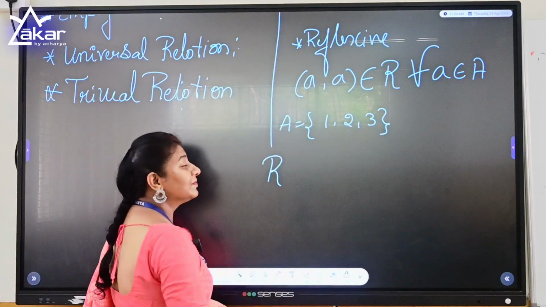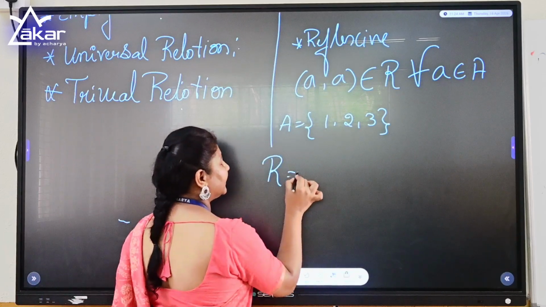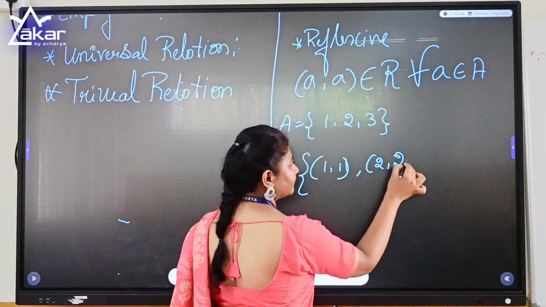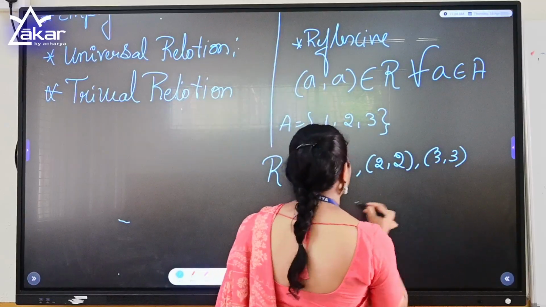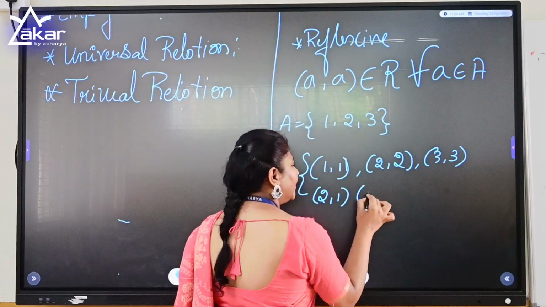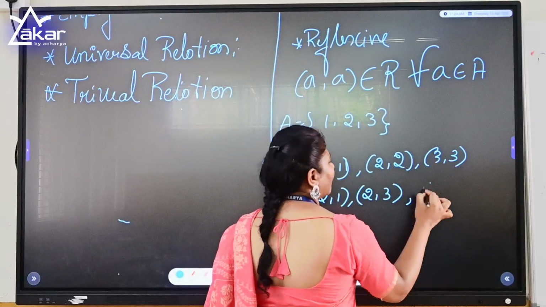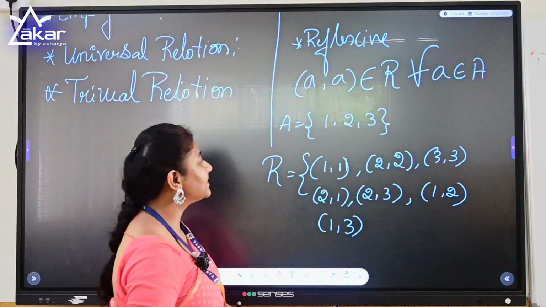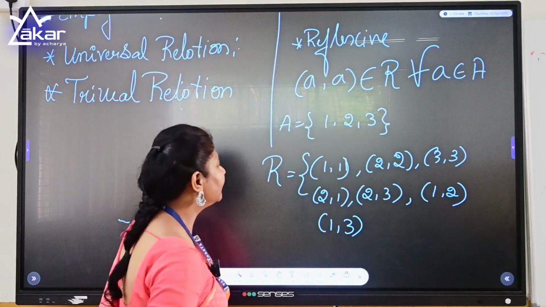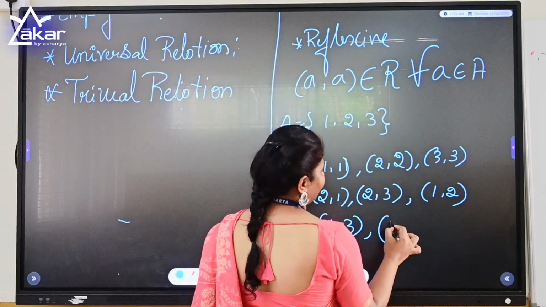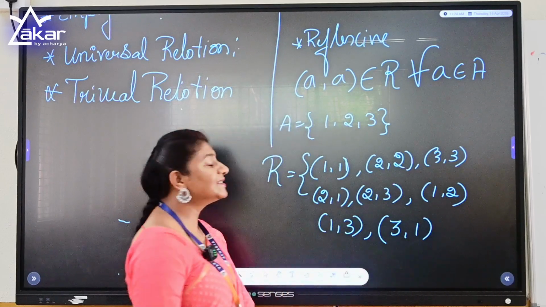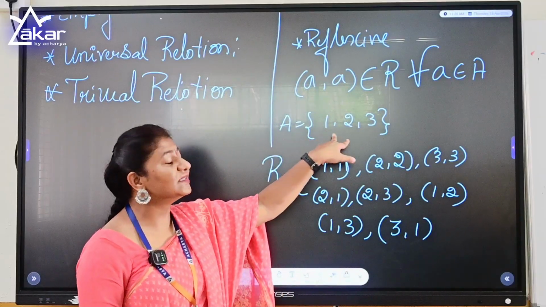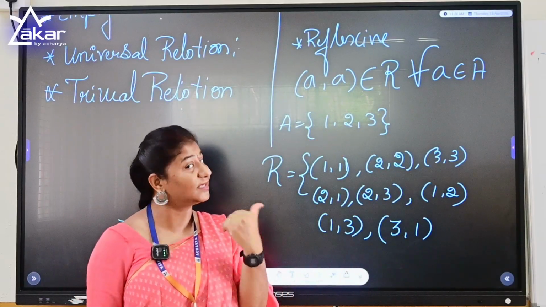So R is nothing but a relation which has been given as (1,1), (2,2) and (3,3), again (2,1), (2,3), (1,2), (1,3), and (3,1). So these are the relations I have taken. How does this occur? I have just taken the Cartesian product A cross A. That is the relation form.